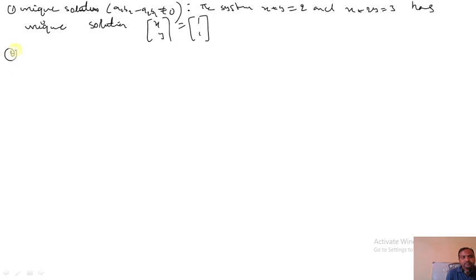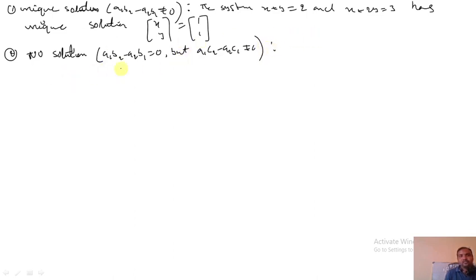Suppose no solution. When is there no solution? Suppose the system has a1 b2 minus a2 b1 equal to 0, but a1 c2 minus a2 c1 not equal to 0. In this case, the system has no solution.